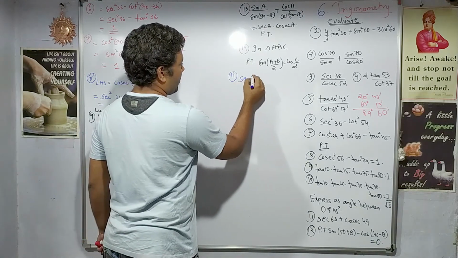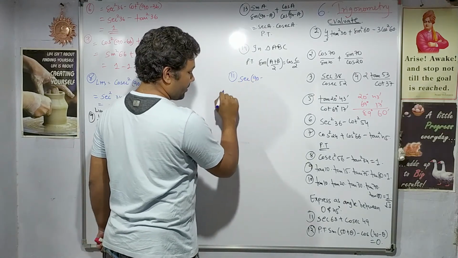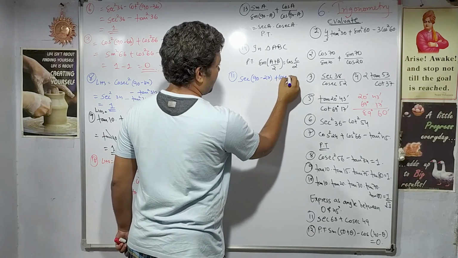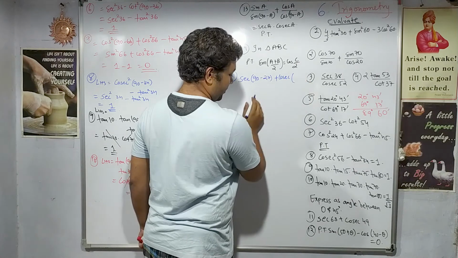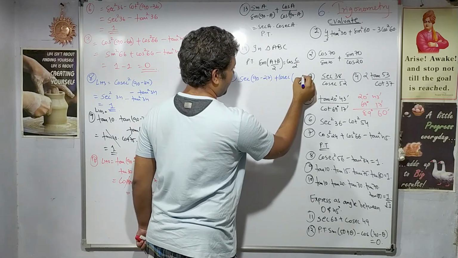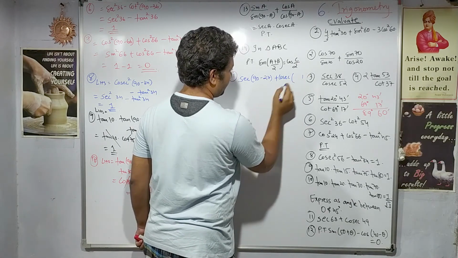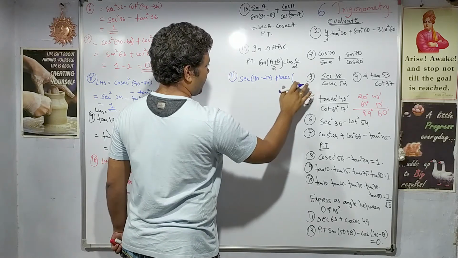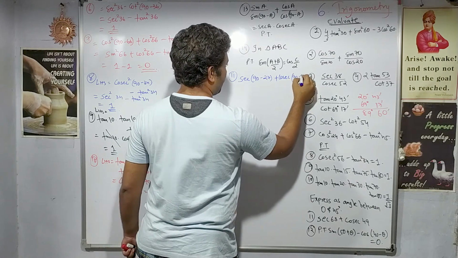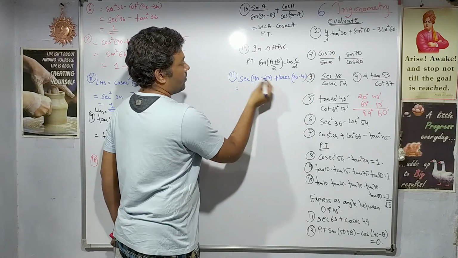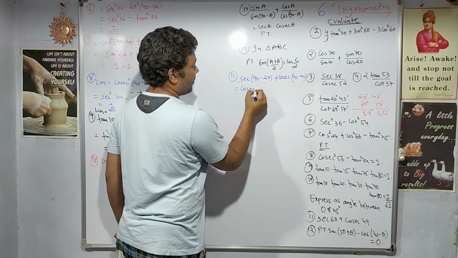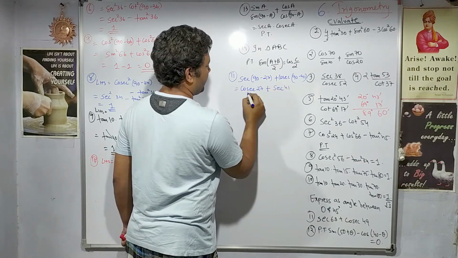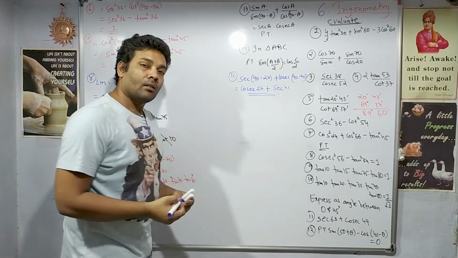So complementary of 63 will be 90 minus 27, plus cosec 49, it will be 90 minus 41. So sec 90 minus theta is cosec theta, cosec 90 minus theta is sec theta. That is the answer. Simple.